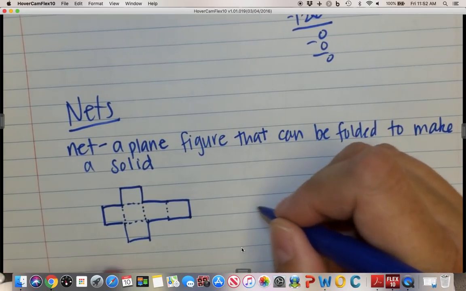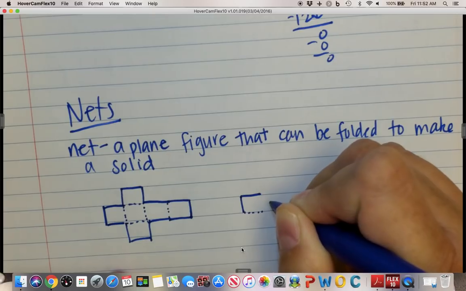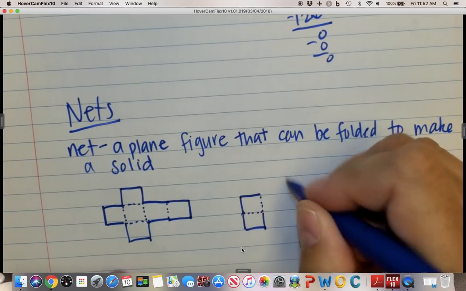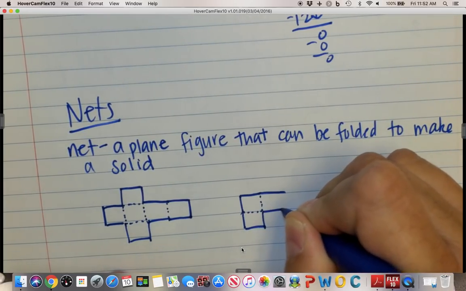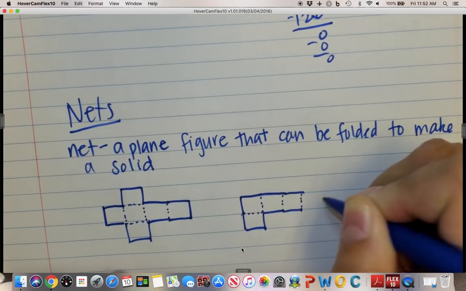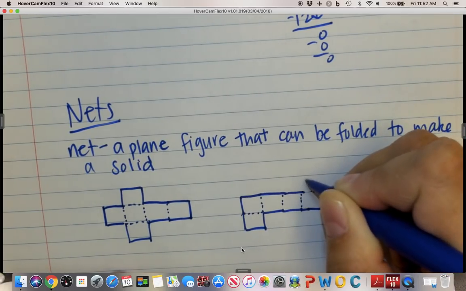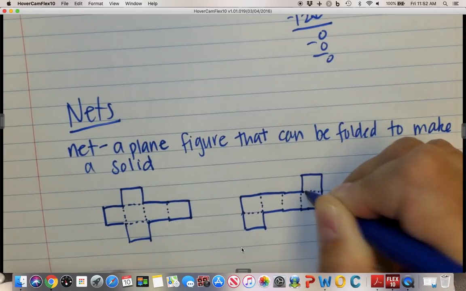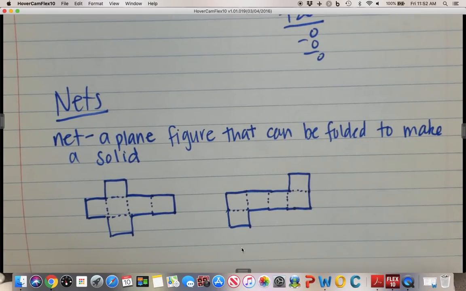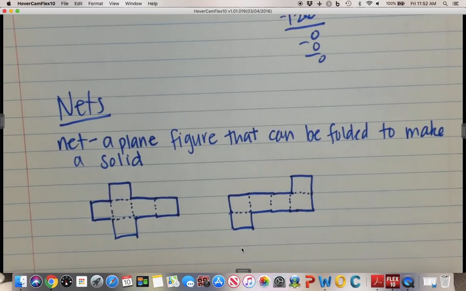Another way to make a cube is if I were to fold here and here, and here, and here, that will also make a cube. So there are actually several different ways to make a cube with a net.